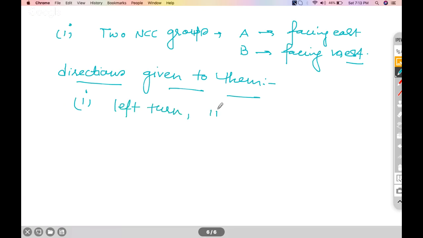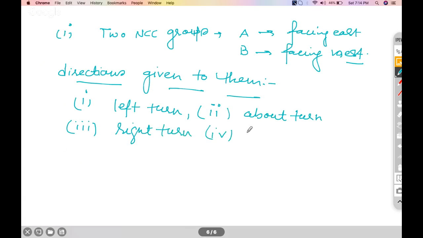Then the second is about turn, and about turn is nothing but U-turn. The third direction is right turn, and the fourth is again left turn.